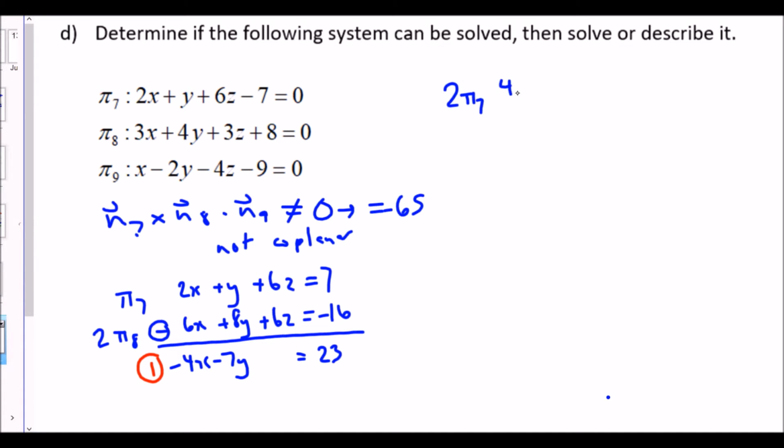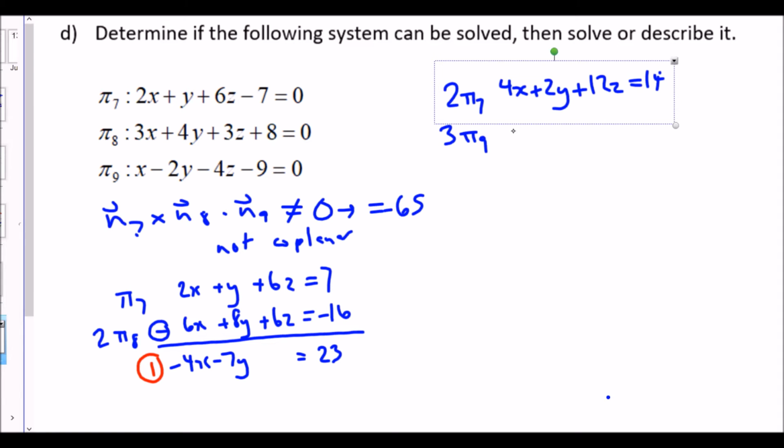This is really a good practice in algebra. And then I'm going to do, let's see here. I want to make this 12, so I'm going to do 3 plane 9.